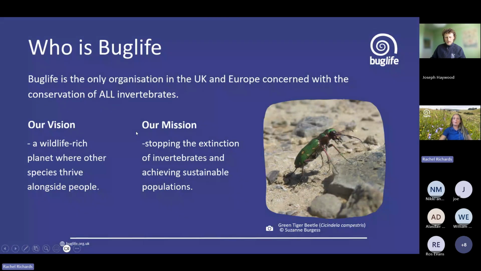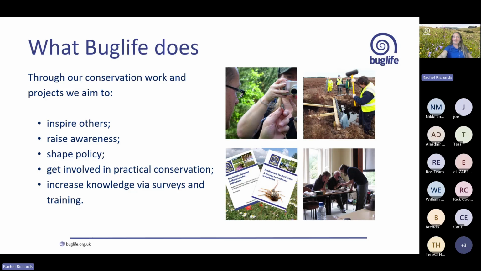There we go. So first of all, who are Buglife? So we're the only organisation in the UK and Europe who are concerned with the conservation of all invertebrates. So you've got there our vision and our mission statement. Obviously, there's an awful lot of them and a lot to work on. So we do this in different ways. So in our conservation work, we like to inspire others, sort of raise awareness of the needs of different invertebrates, feed into policy.